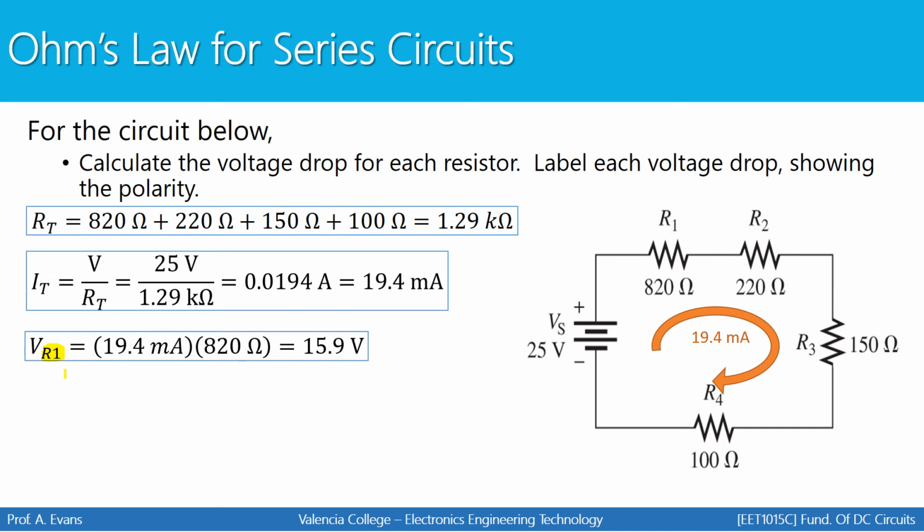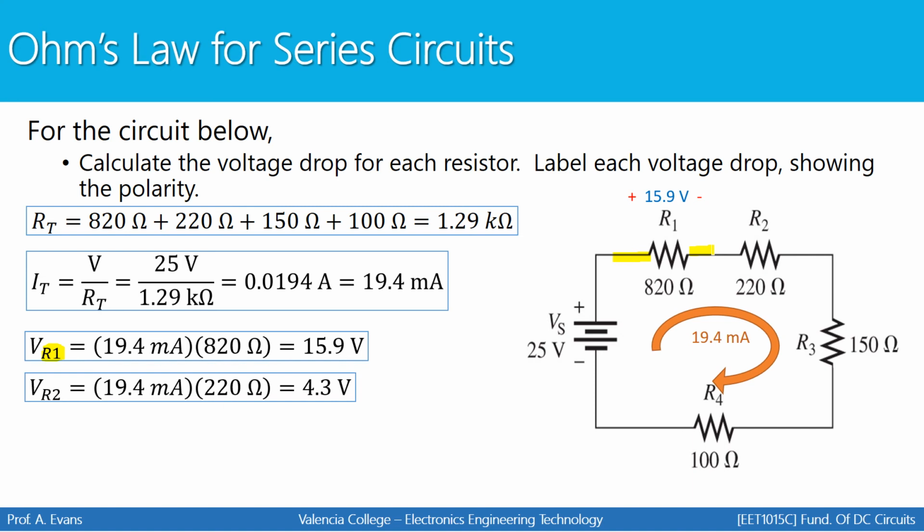Here's how we're going to label that. Notice that the current has to flow from the positive terminal of the source and then through the circuit. So where current enters is the positive side, where current exits is the negative side. This is how we'll always label the polarity of every voltage drop.